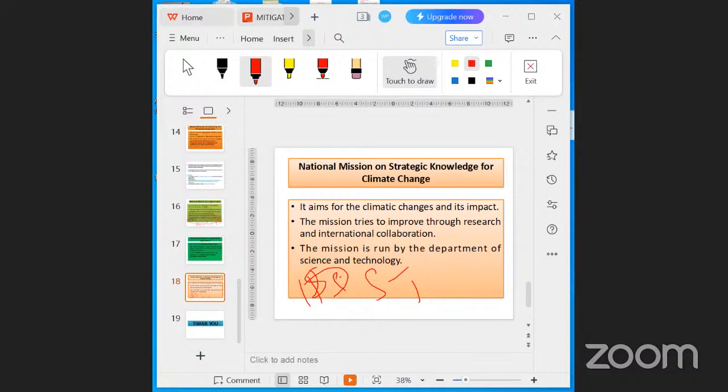In this mission, it identifies challenges and requisite responses to climate change. This will be done through open international collaboration, and it will ensure sufficient funding for this research, right? This mission aims at gaining a better understanding of the climate change scenario within India, because we have to study global warming.